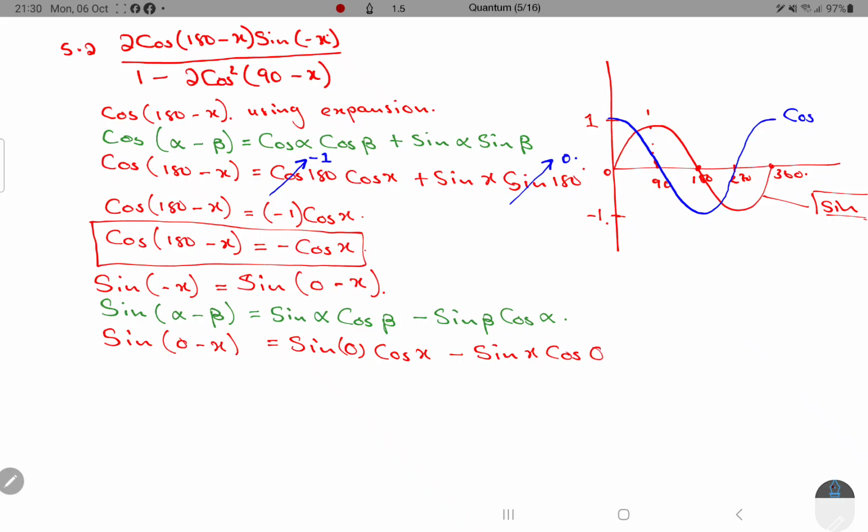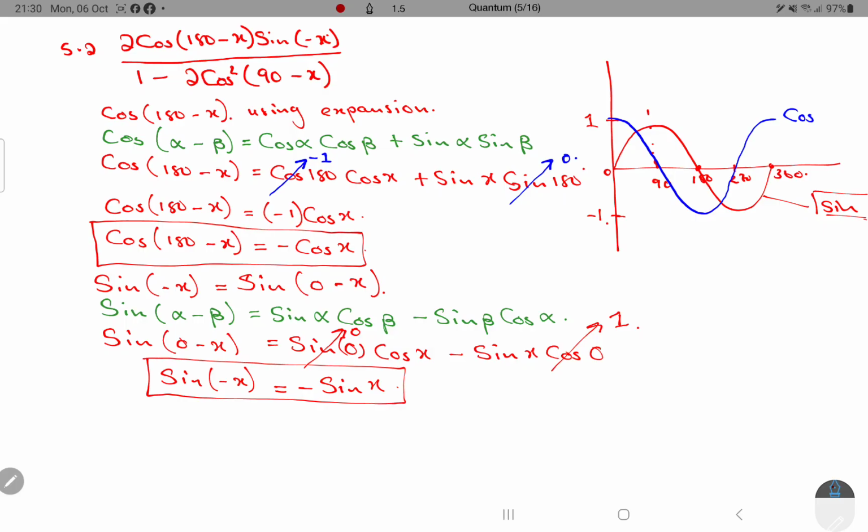Sine 0 is 0, and cos 0 is 1. So basically, sine of negative x is a negative sine x. This is the other thing we need.